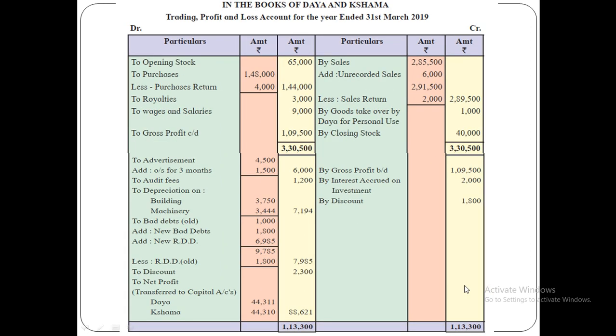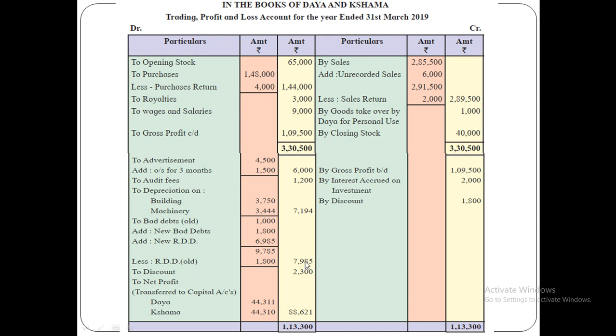Next is the new RDD, which we already wrote, that is 6,985. Total is 9,785, which is the total of old bad debts, new bad debts, and new RDD, that is 9,785, and less old RDD, that is 1,800.